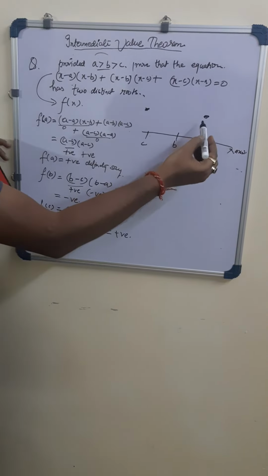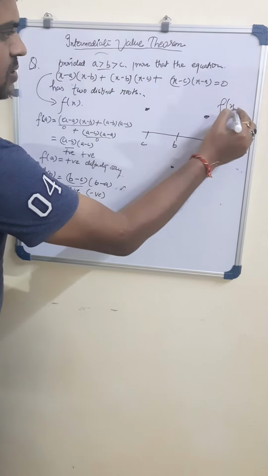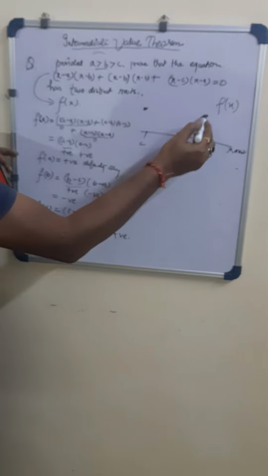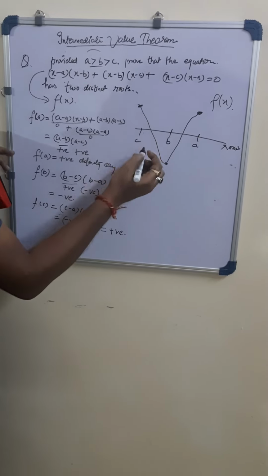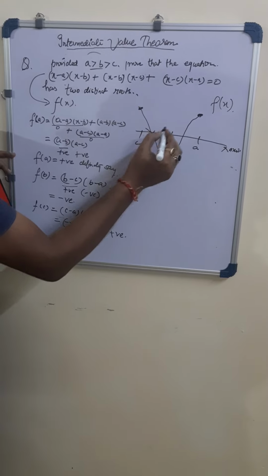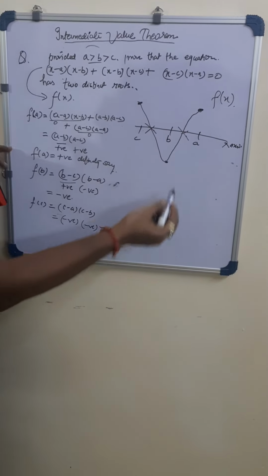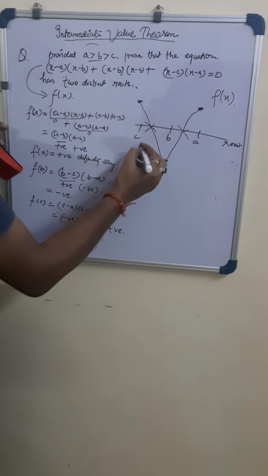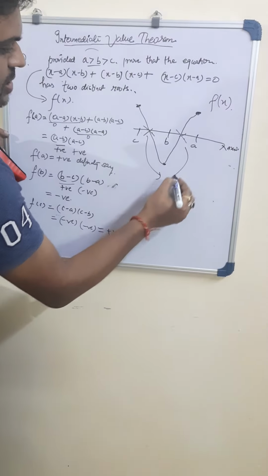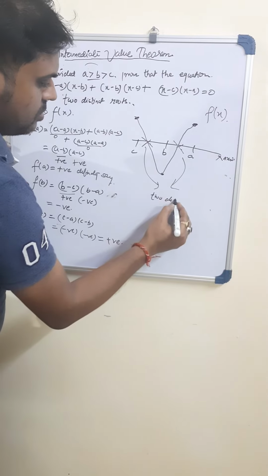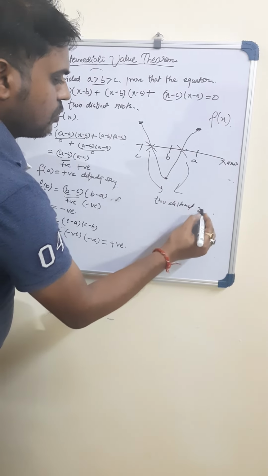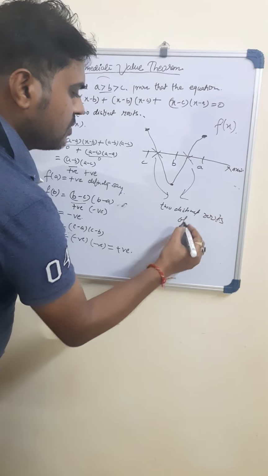So the only way the function f(x) can travel is somehow here. Here and here f(x) intersects the x-axis at two places, and hence we can say that we have two distinct roots of this equation.